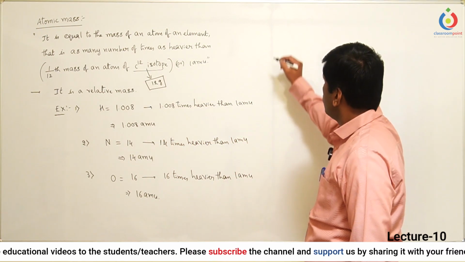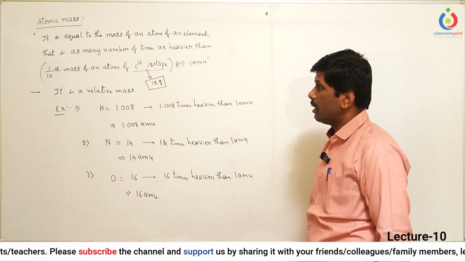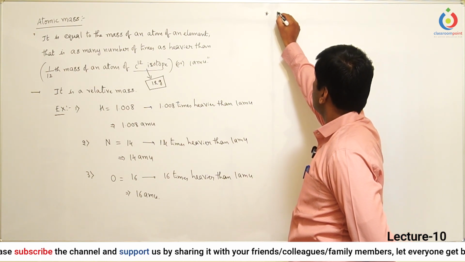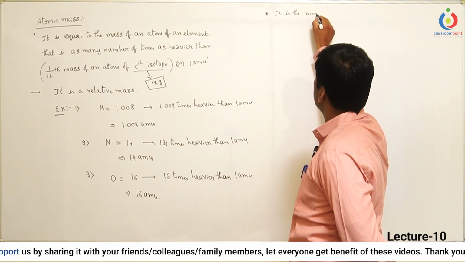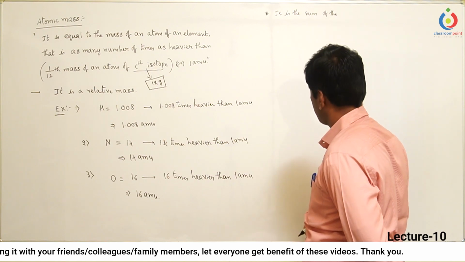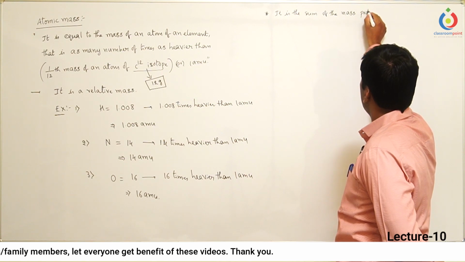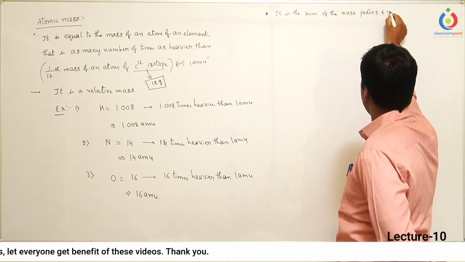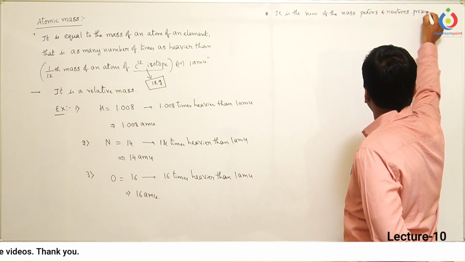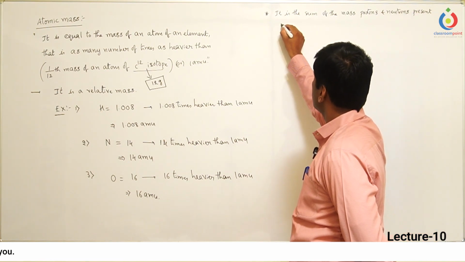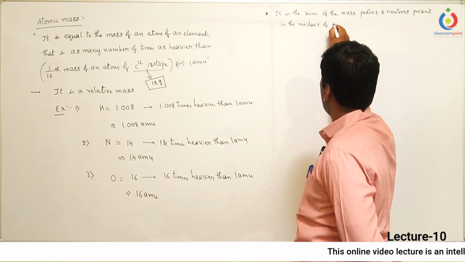Then let us see another definition of the atomic mass. It is also called atomic mass. It is the sum of the mass of protons and neutrons present in the nucleus of an atom.